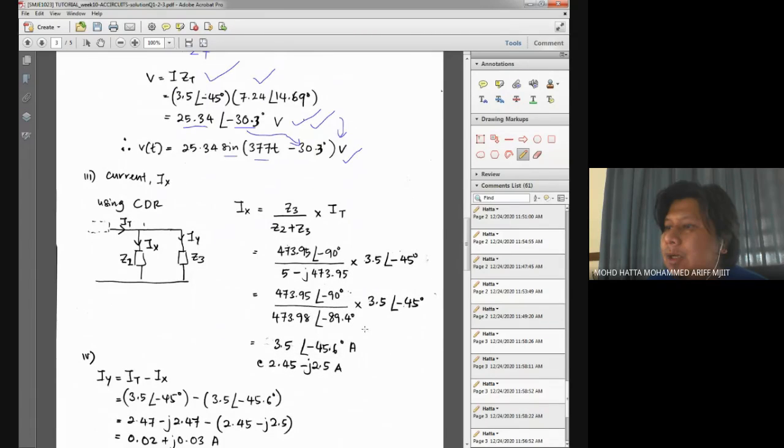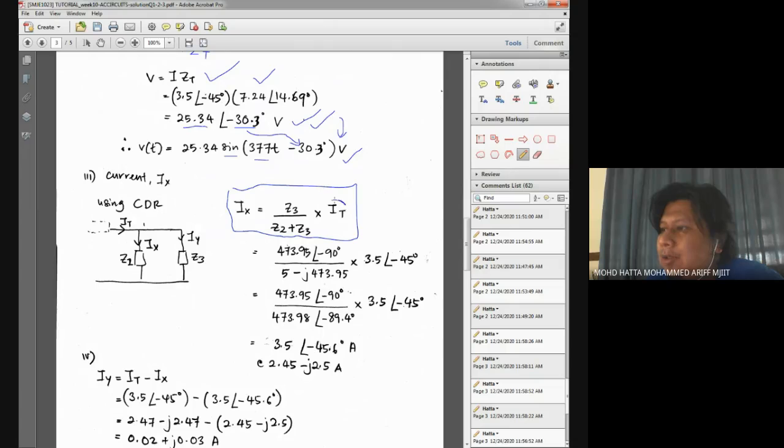Later on, we calculate the current, and maybe you have another solution. I think the easiest or fastest way to calculate Ix in the question is by using the current divider rule, CDR. To calculate Ix using CDR, I will use this equation, where I know the total current coming before it divides into these two branches.